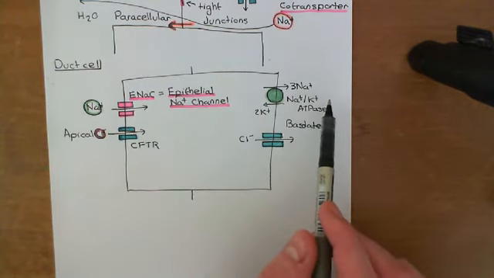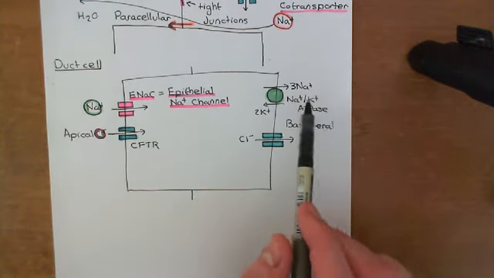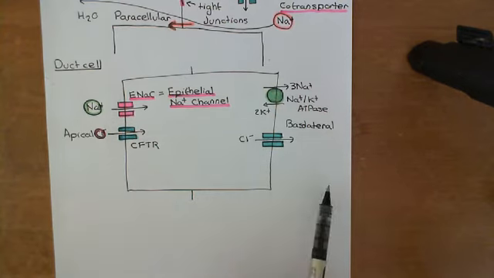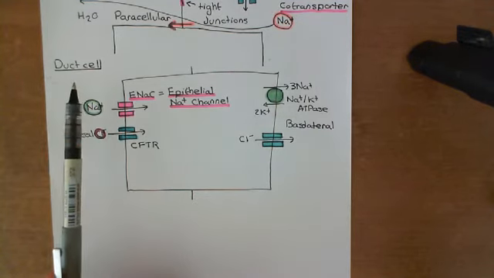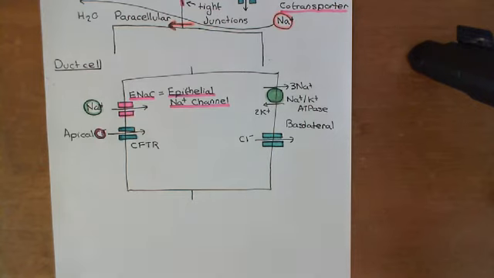The sodium will then get chucked out at the basolateral side of the membrane into the basolateral extracellular fluid, and the chloride will follow into the basolateral extracellular fluid. And that is how we are moving sodium chloride from the apical extracellular fluid into the basolateral extracellular fluid. So we're removing salt from the sweat.